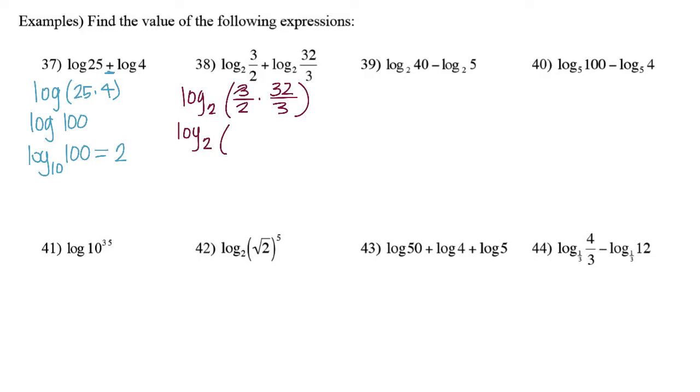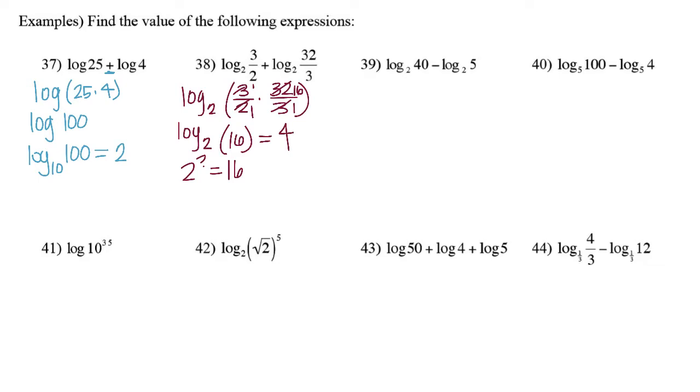So our 3's will cancel out, leaving 1's. And 2 will go into 32 16 times. So notice we end up with log base 2 of 16. And again, just a quick reminder, that means 2 to what power is 16. And so we see that my answer should be 4.